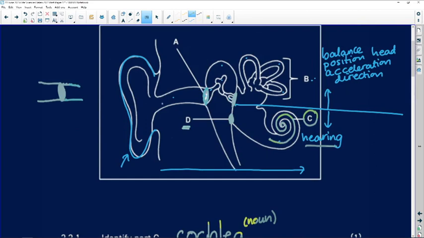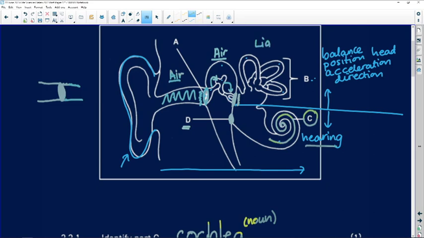Now, we know that sound waves come into the ear via the auditory canal. They vibrate the tympanic membrane, which causes the ossicles or little bones in the ear to knock against each other, which causes the oval window to vibrate, and these vibrations then are transmitted into the inner ear from air-filled chambers into liquid.